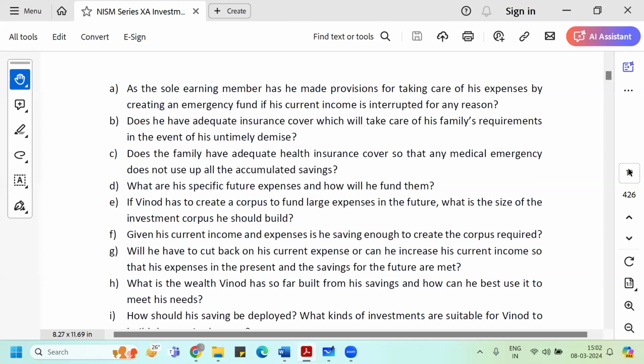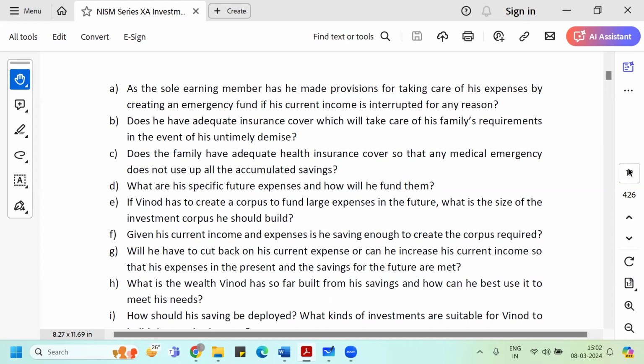If I get to know that these would be my future expenses, do I have a plan or some way through which I can meet them? Have I started saving money appropriately so that I can achieve these dreams?